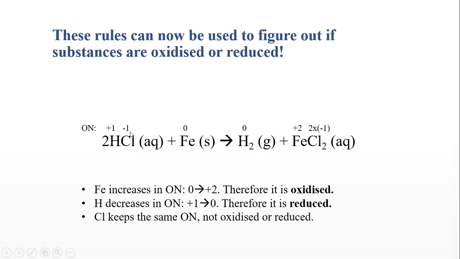You see here that the chloride, or chlorine atoms, still have the same oxidation number before and after. Each atom here will have a -1, and each atom here will have a -1. So it's not oxidized nor reduced in this chemical reaction. So it sort of tags along.